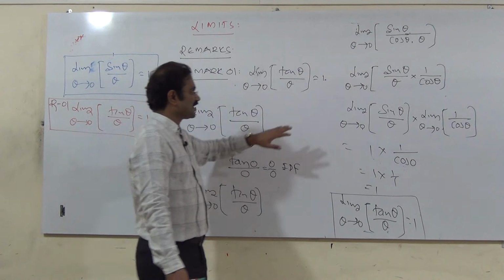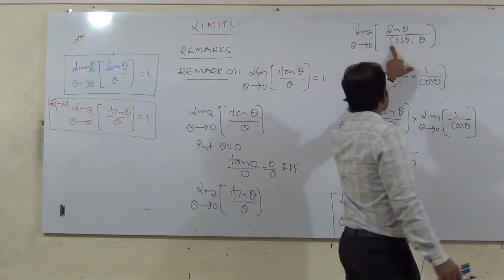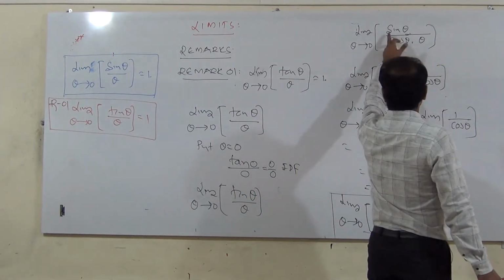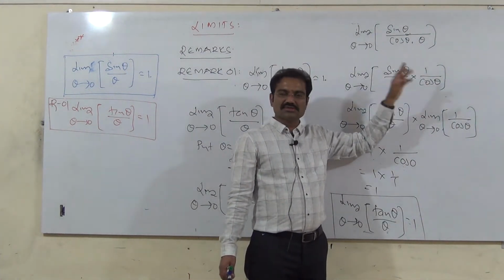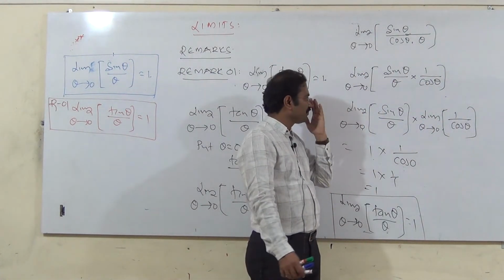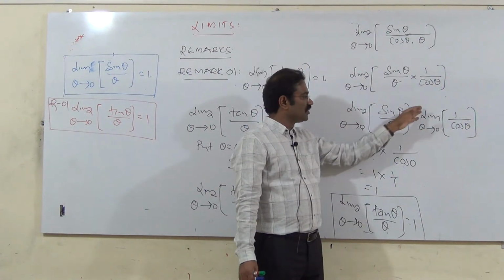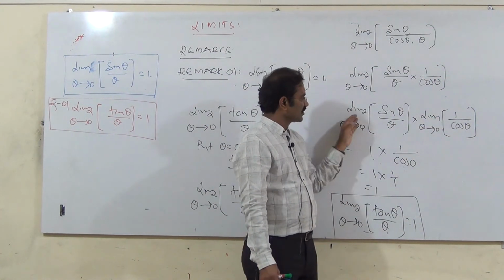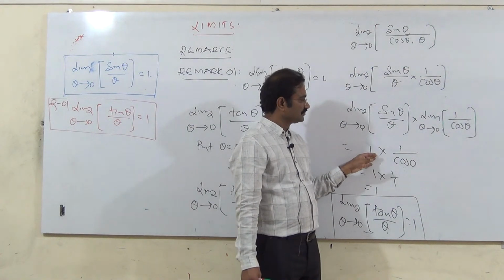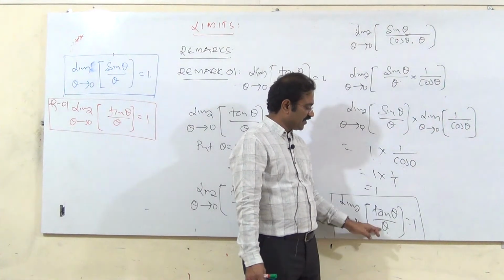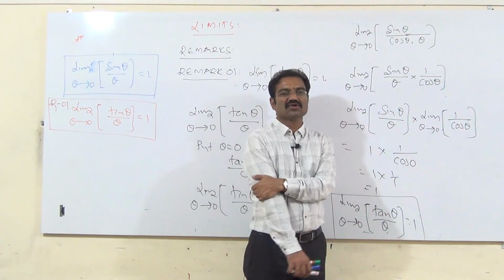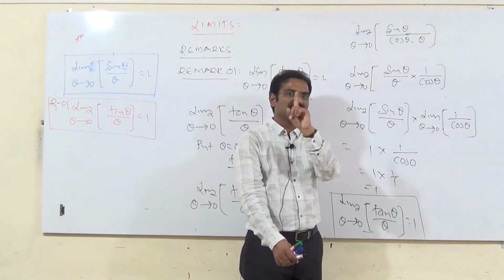Tan theta can be written as sin theta by cos theta, and theta. Now adjusting, sin theta by theta and 1 by cos theta, it is a product of two terms. Apply the limit to both. The limit of this into the limit of this, its value is 1, and 1 by cos 0 is 1. Therefore the limit of tan theta by theta is equal to 1. This is one remark.